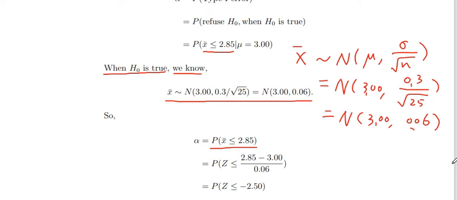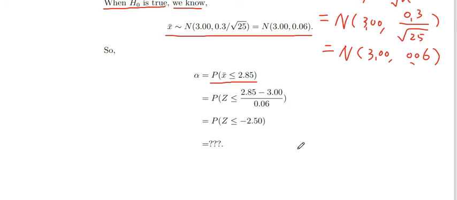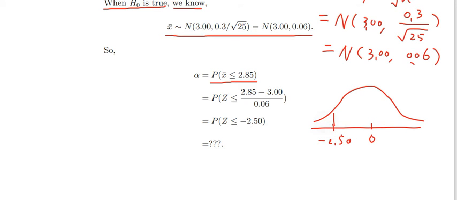The first step is changing this to standard normal, changing to Z: X bar minus mu divided by sigma. We find this equals negative 2.50. So we can check the z table to find this probability.